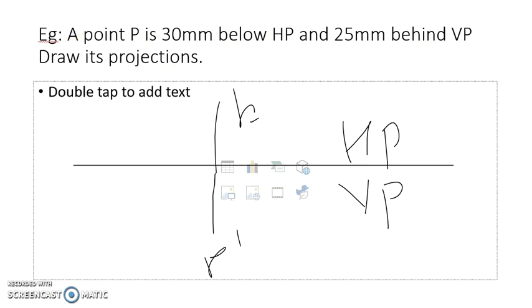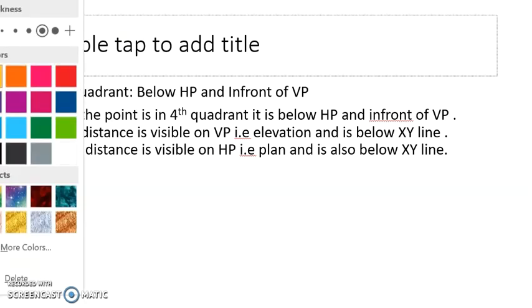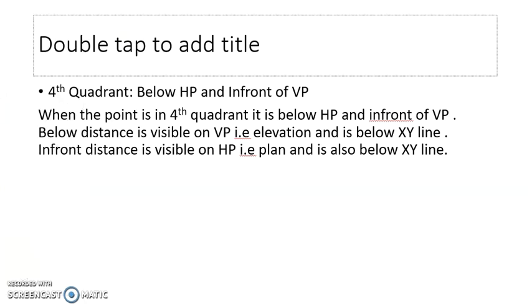Now last quadrant is our fourth quadrant. So when the point is in fourth quadrant, it is below HP and in front of VP. Below distance is visible on VP, that is elevation, and is below XY line.